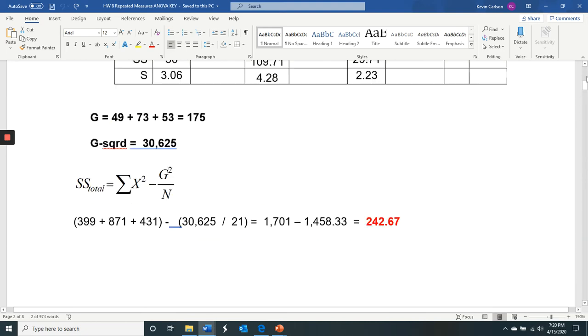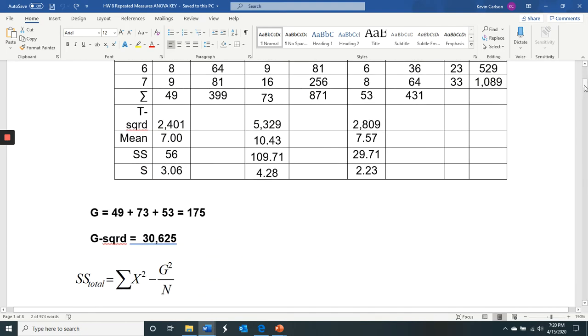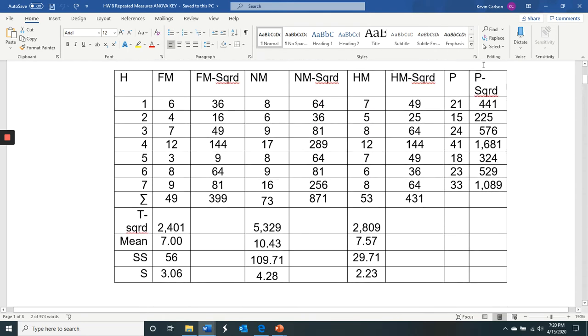So just to remind you, we have all of this information in our little worksheet. So we have P squared for each of the 7 hospitals. And then we have to divide the P squared by k for each of the hospitals. And k is the number of conditions. We have 3 moon conditions: full moon, half moon, and new moon. So we just take the P squared, divide it by 3 for each of the hospitals.